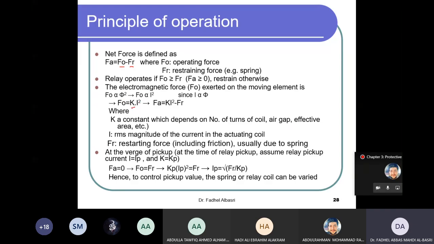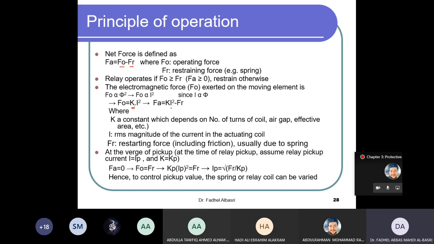This constant depends on the core size, the number of turns of the coil, and other factors. So the equation will be Ki squared minus Fr.